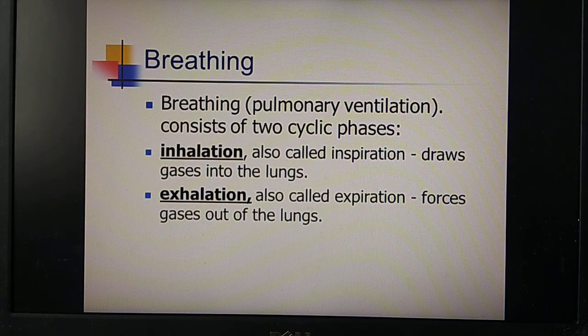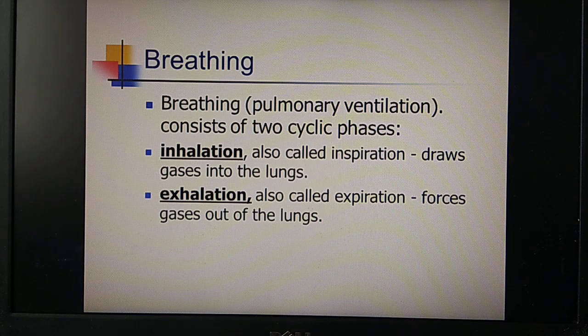And the important process is called breathing. As I told you, living organisms cannot survive without the process called respiration or breathing. Breathing, otherwise termed pulmonary ventilation, consists of two cyclic phases: inhalation, otherwise called inspiration, and exhalation, otherwise called expiration.